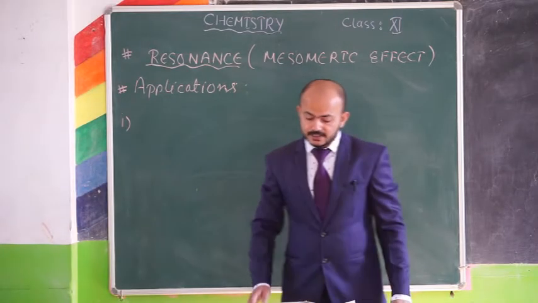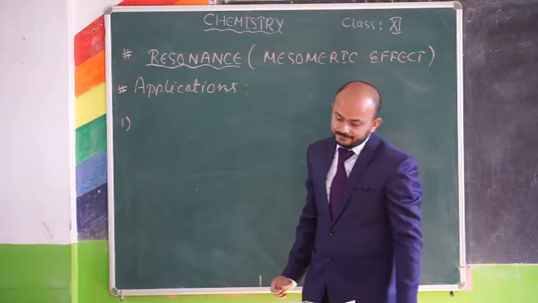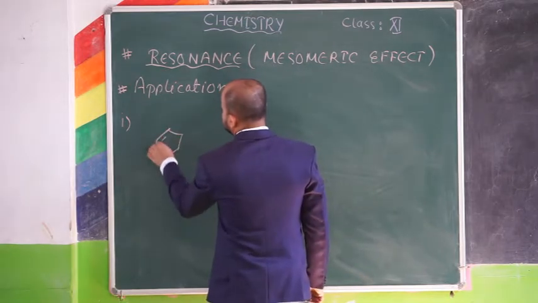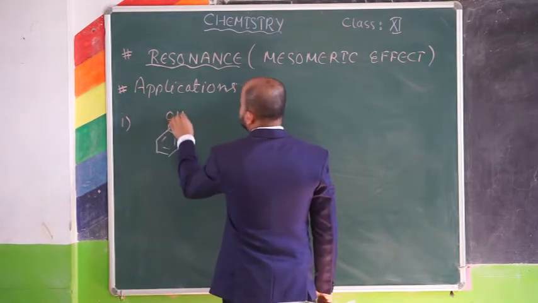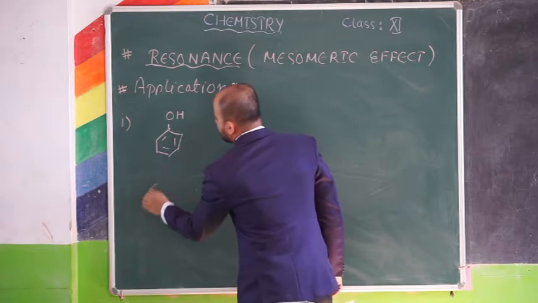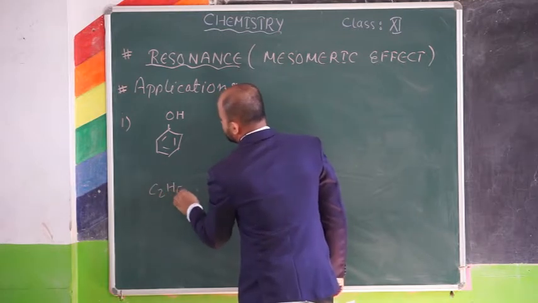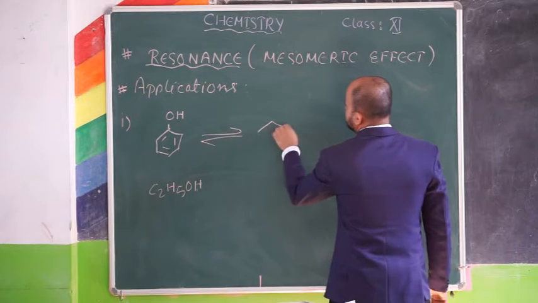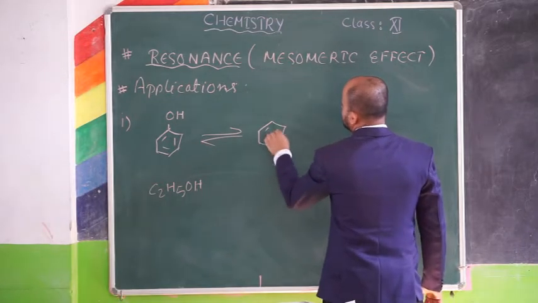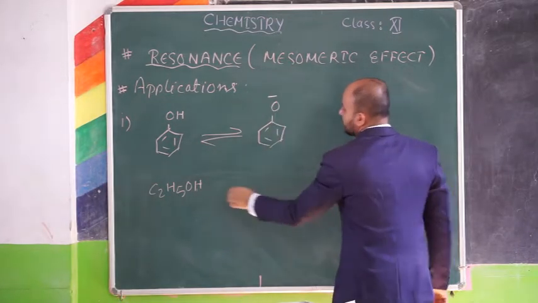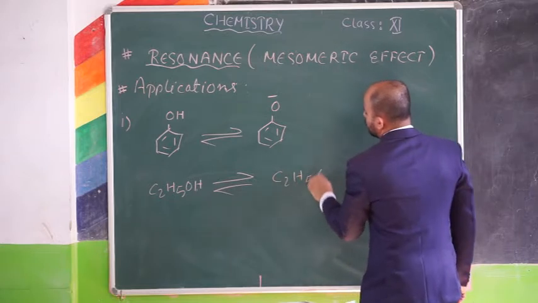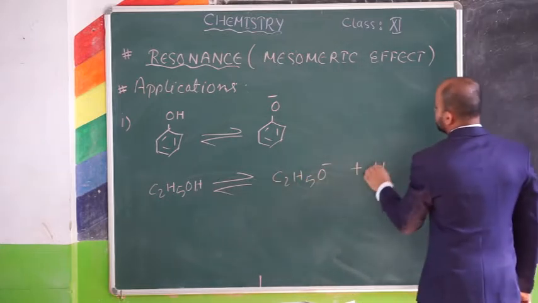Here, let's compare phenol, which has OH, and alcohol, C2H5OH. Phenol dissociates as phenoxide O minus plus H plus, and C2H5OH dissociates as C2H5O minus plus H plus.